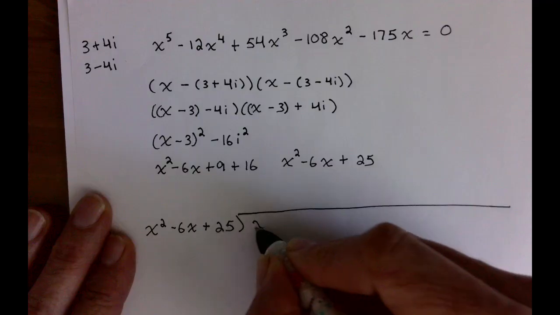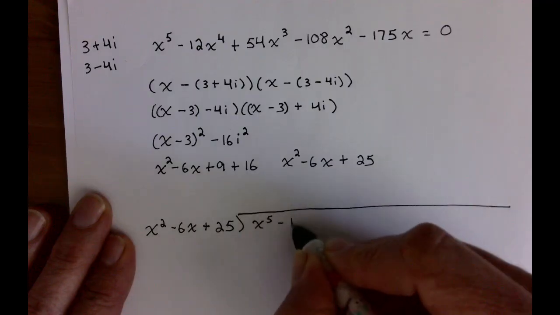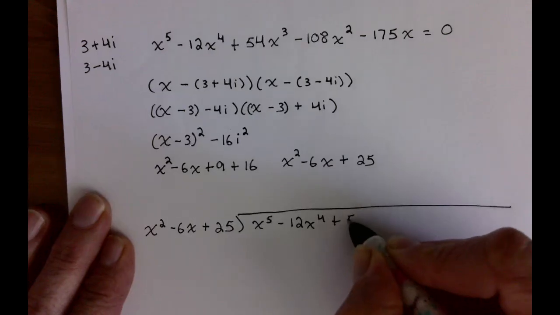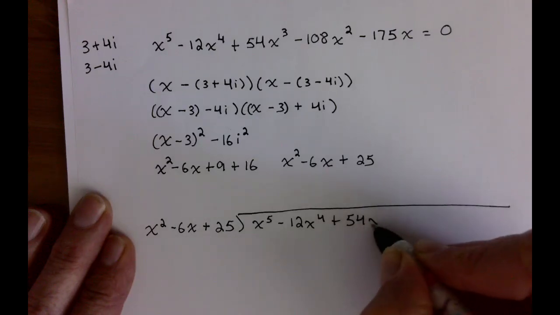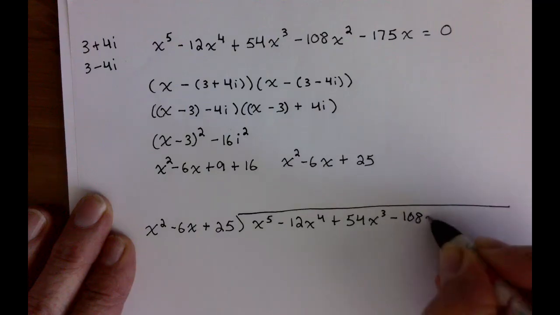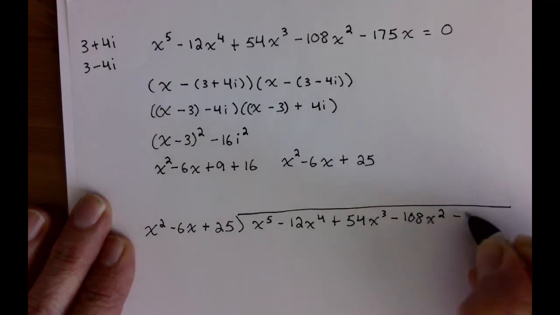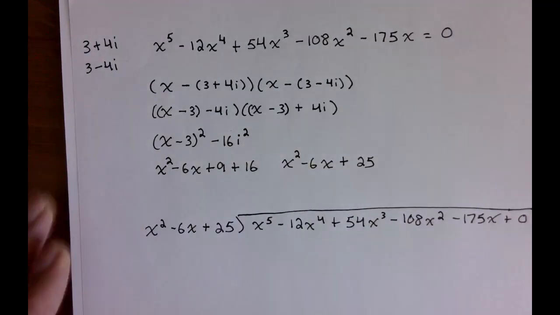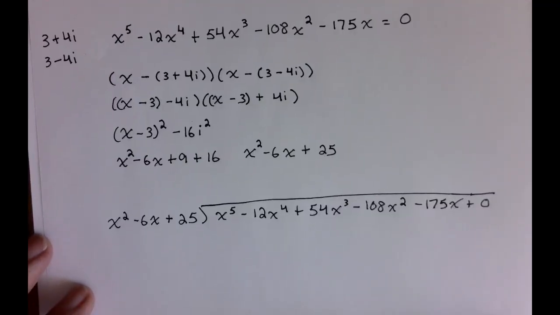So I've got x to the 5th minus 12x to the 4th plus 54x cubed minus 108x squared minus 175x. And I guess I'll just go ahead and put a placeholder for the constant right there. We'll see if I need that or not.